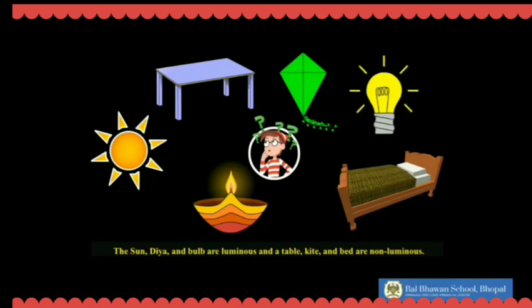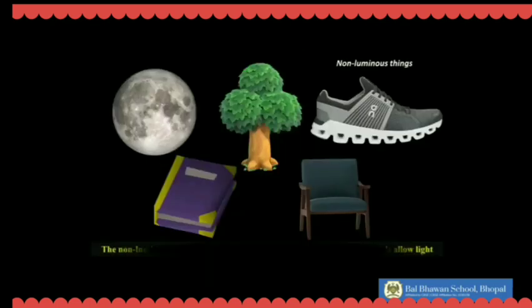Now you know that the sun, diya, and bulb emit their own light, whereas the table, the kite, and the bed do not have their own light but reflect the light energy falling on them, and hence they become visible to us. So we call them non-luminous.